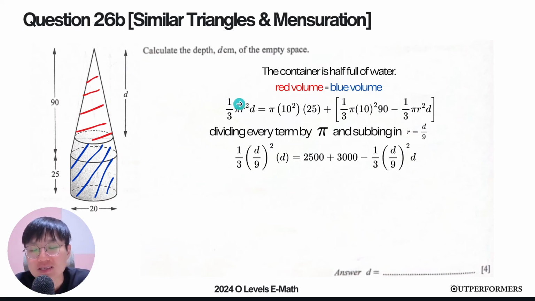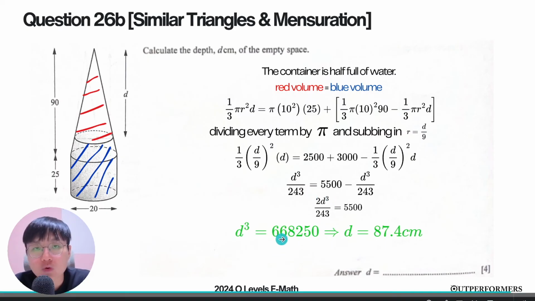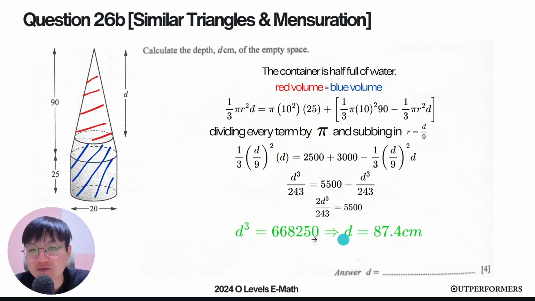Simplifying this, I will be able to get d cubed over 243 equals 5,500 minus d cubed over 243. Shifting this term to the left gives us this, and we can proceed to divide 5,500 by 2 over 243 to have this value right here. And finally, to find d, we cube root to get 87.4 as our final answer.